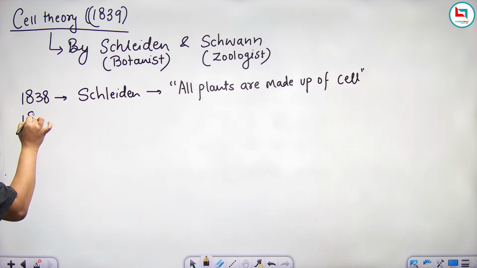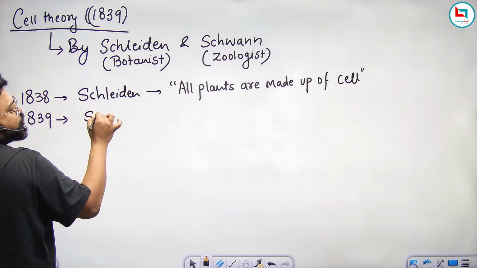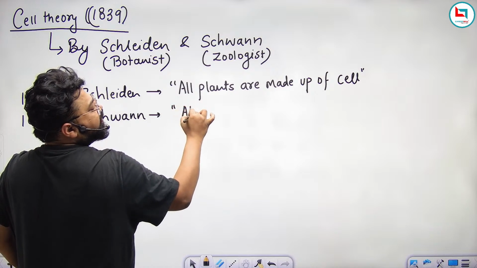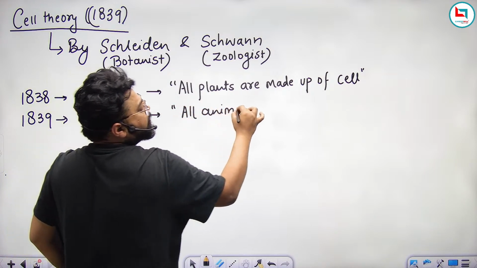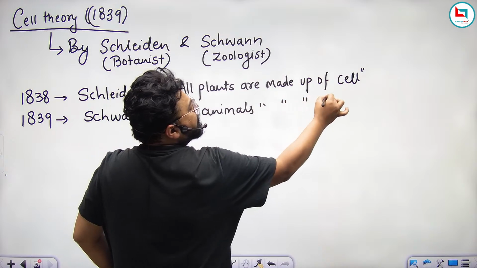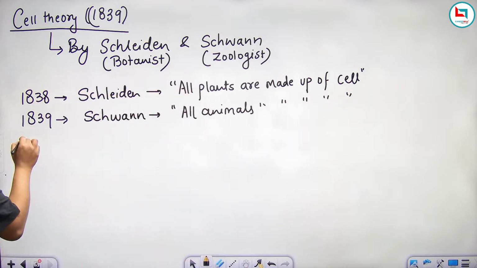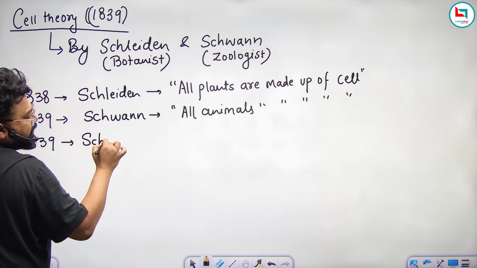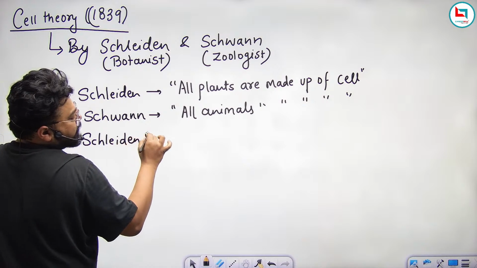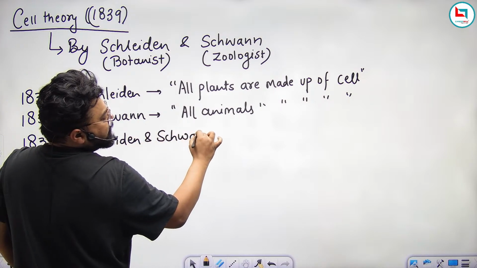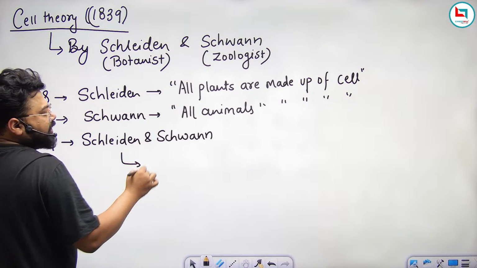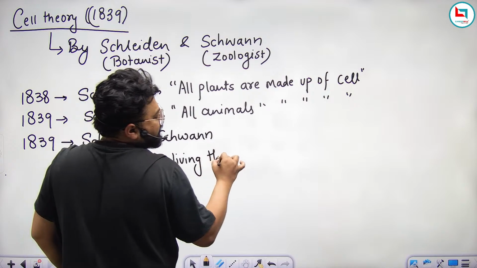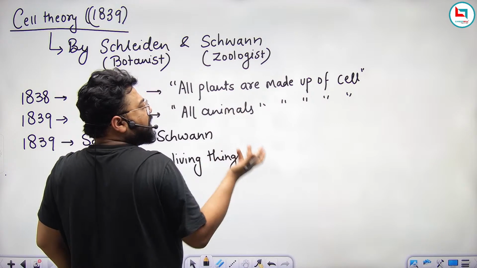In 1839, Schwann gave a statement that all animals are made up of cells. In 1839 only, both Schleiden and Schwann proposed a new statement in the biological world: all living things are made up of cells, because plants and animals both are living things.